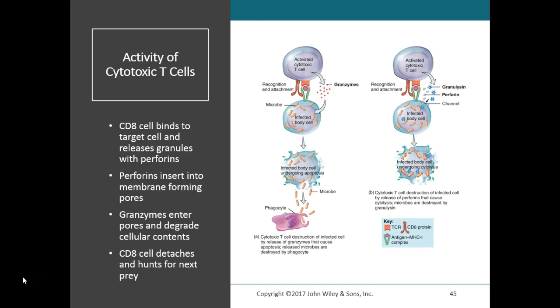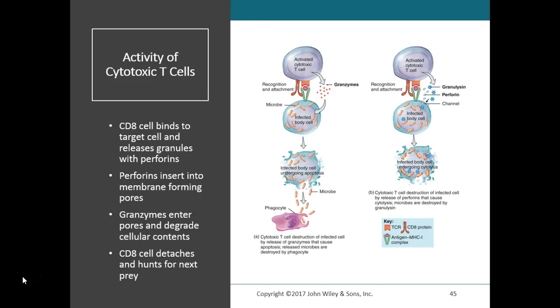Other granules in the cytotoxic T cells release granulysin, which enters through those channels that the perforins created and destroys the microbes by creating holes in their plasma membranes. So the cytotoxic T cells can destroy target cells by releasing these toxic chemicals. Another one is called lymphotoxin.